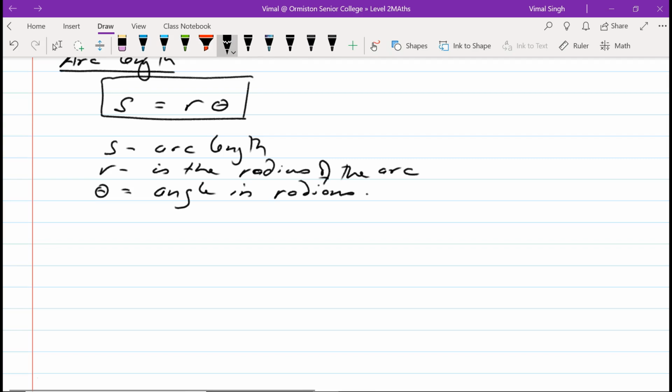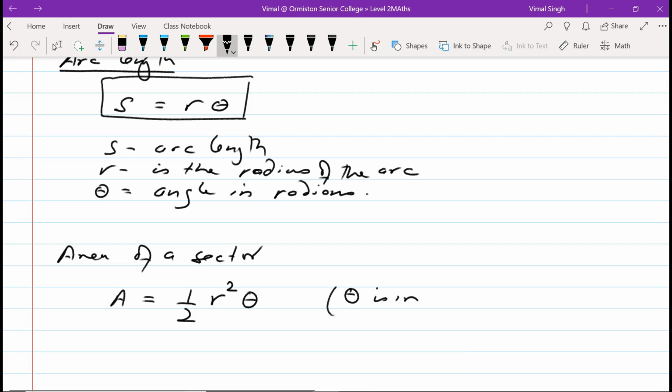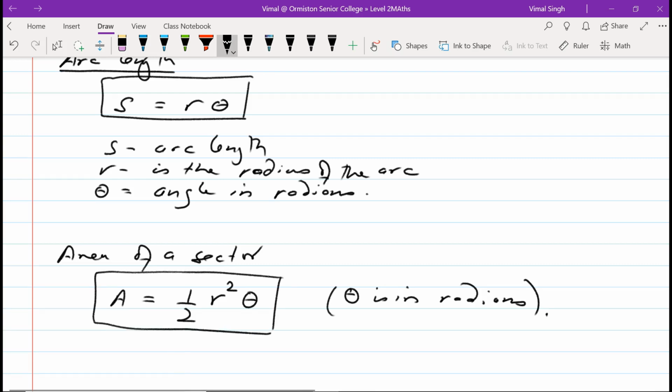And by the same token, if we're looking at the area of a sector, then the formula comes out to be area is equal to half r squared theta. Again, theta is in radians. So if you want to use this rule, you can, but just be reminded that the angle theta is always going to be in radians.